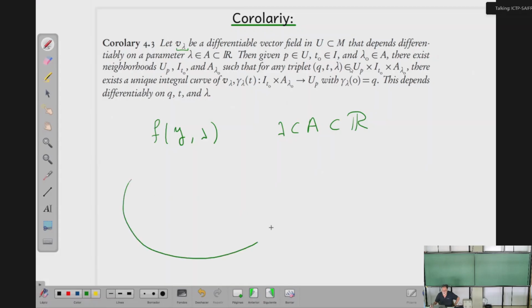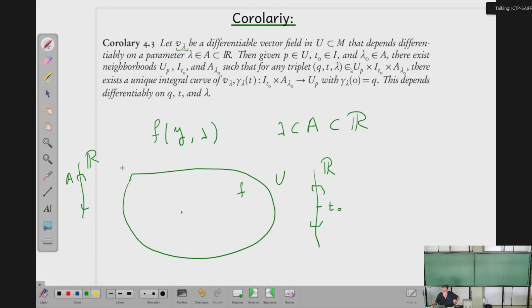So we have the U where the vector field is defined, and we have a point P here, and we have a T0, so we have an interval here, T0, this is where the time is, and we have some other interval here of R, this is where the A is.